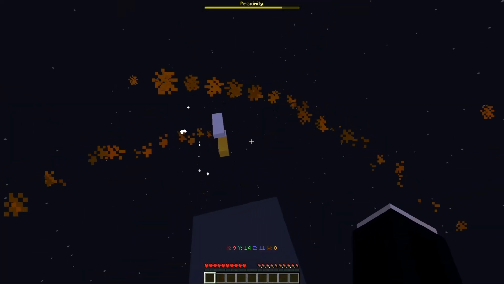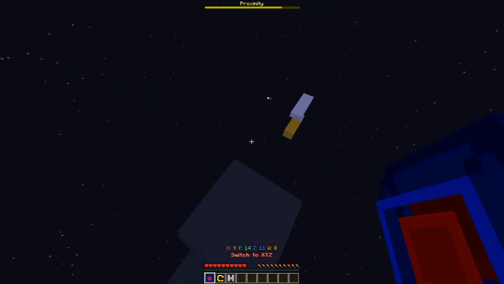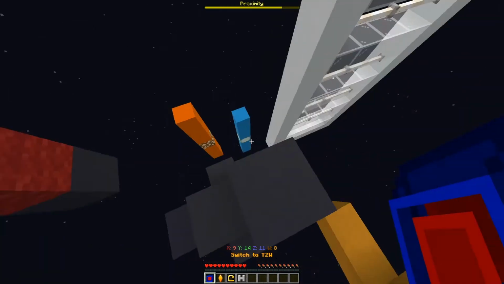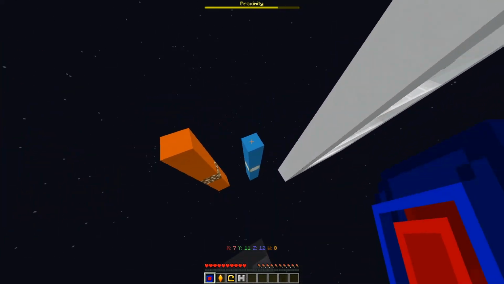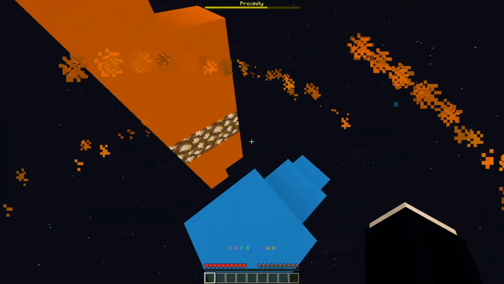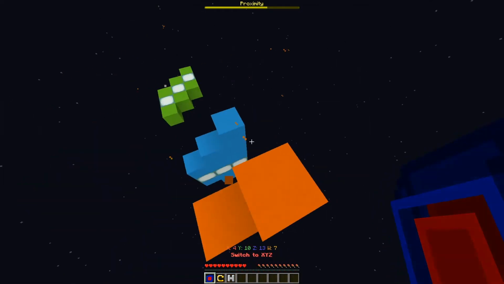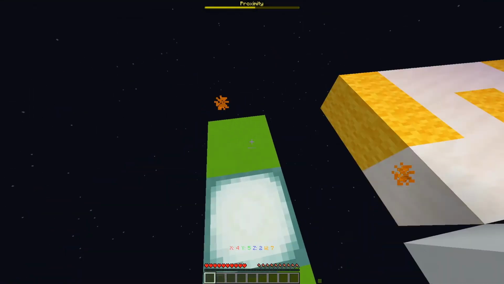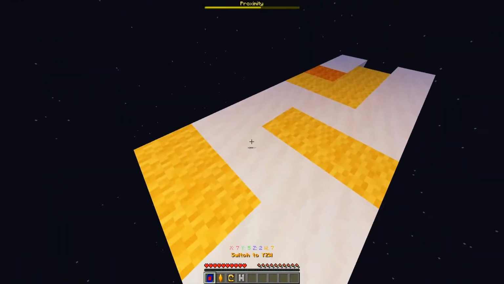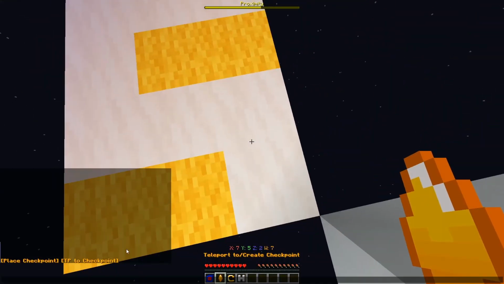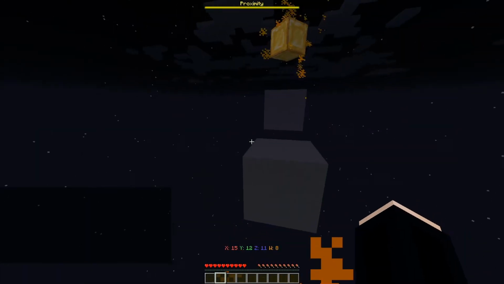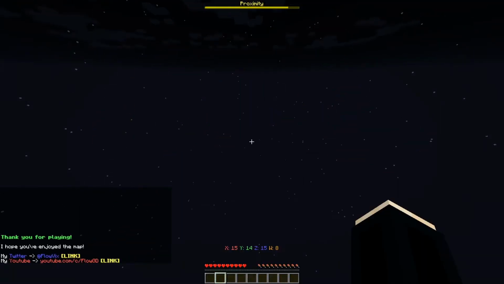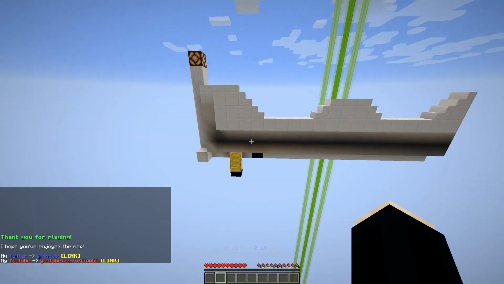Then I have to activate the yellow wool. So that'll be fun. Then activate the checkpoint. And here I go. Nice. Had a great time.